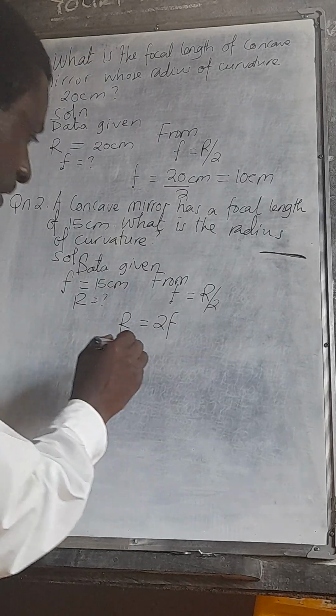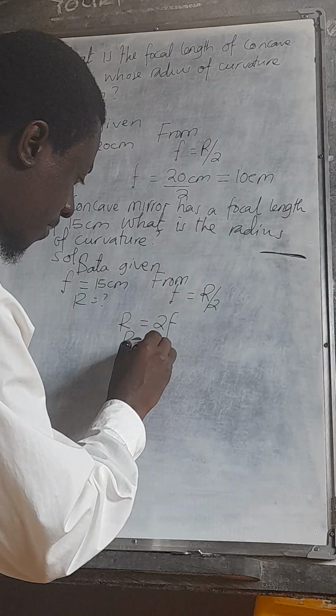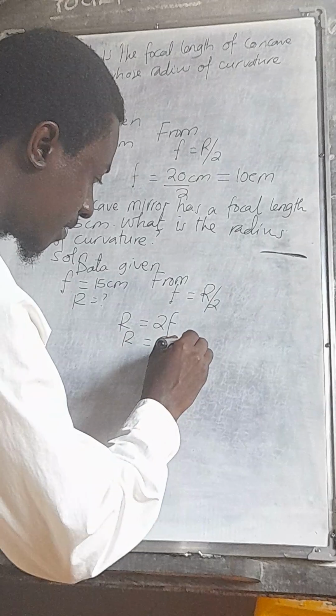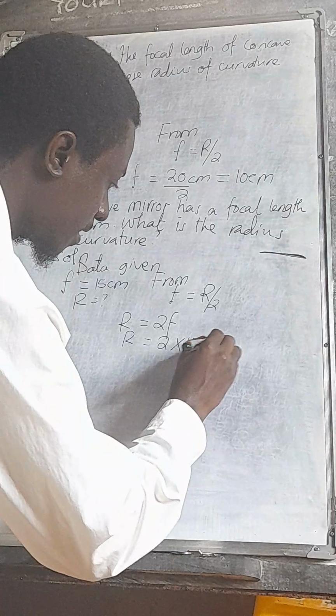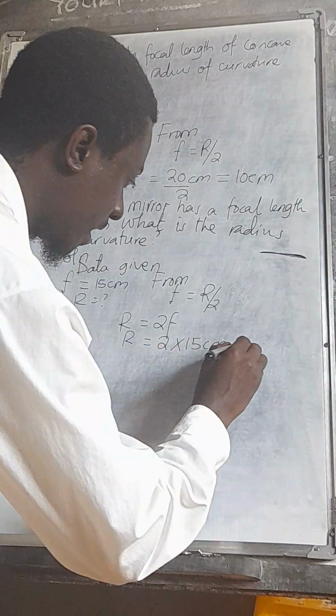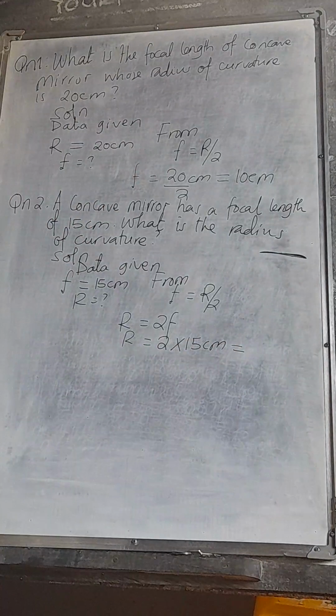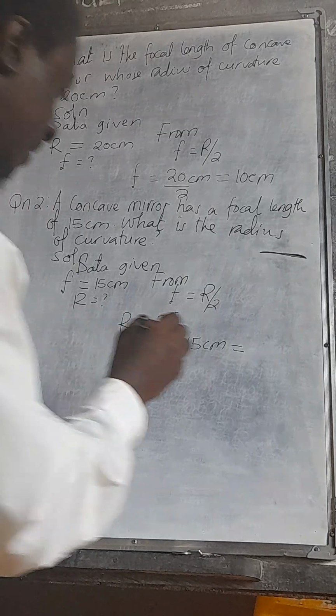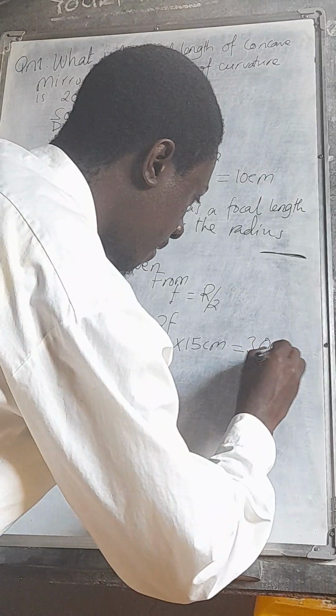Now radius of curvature is equal to 2 times 15 centimeter. So finally, you can get the radius of curvature is almost 30 centimeter.